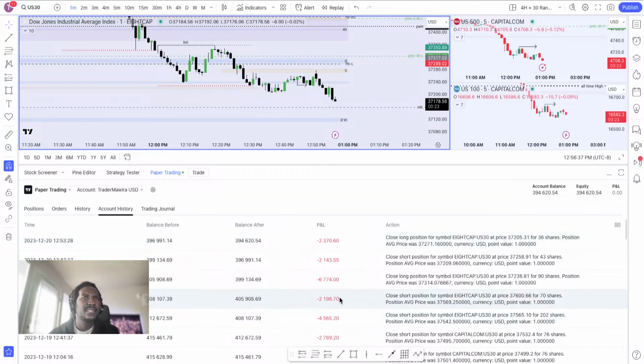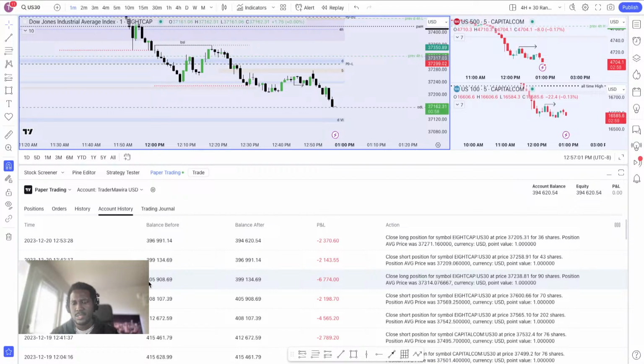It's like 11,200. So where did we start? At 405. So 11,200 divided by 405 times 100 will be 2.75%. So we can say a 3% loss. That's totally fine.